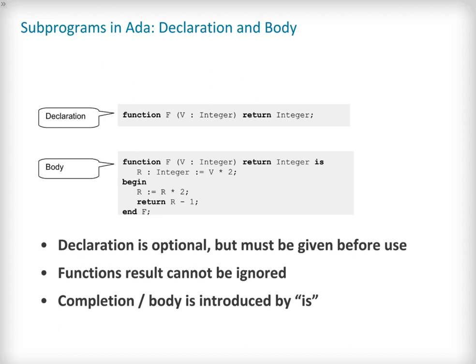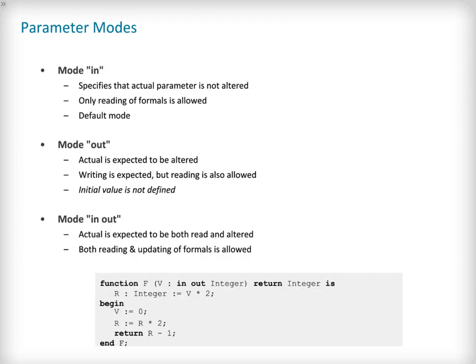It cannot be ignored. You may have noticed already that sometimes there is a modifier in front of the parameter type. This can be in, out, or in out. This specifies the mode of the parameter.